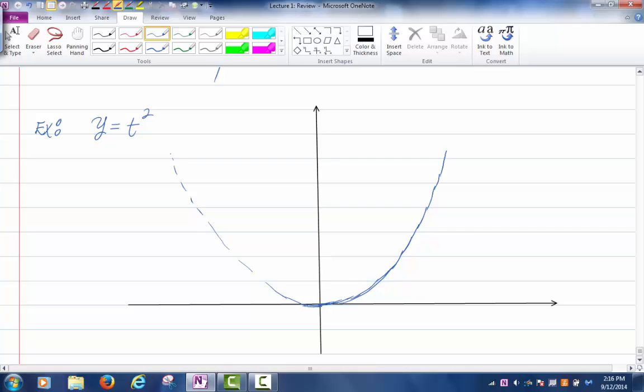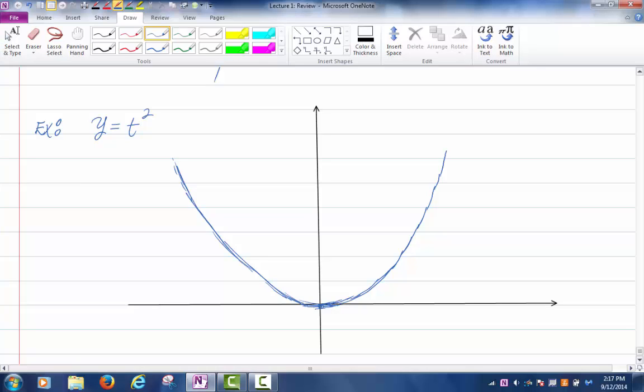Looks symmetric enough. Okay, I guess it's good enough. You get the idea. That's what I say when I can't make a nice graph.